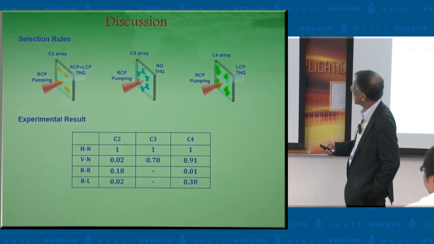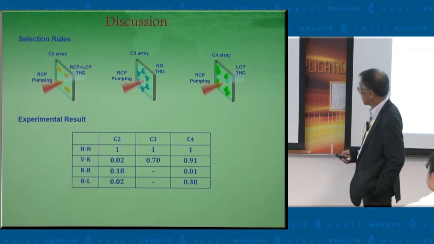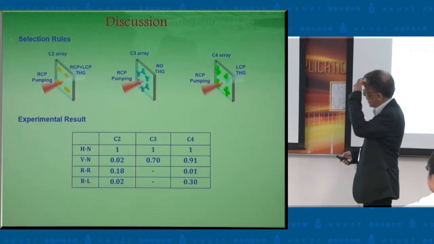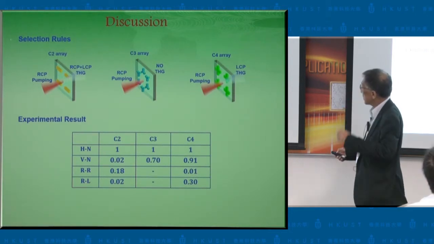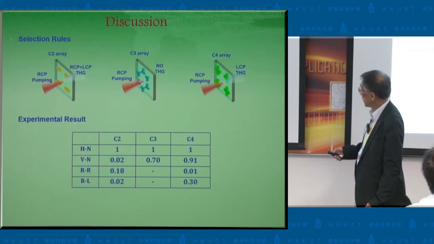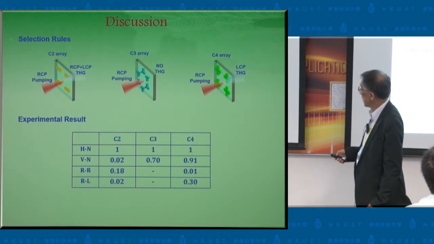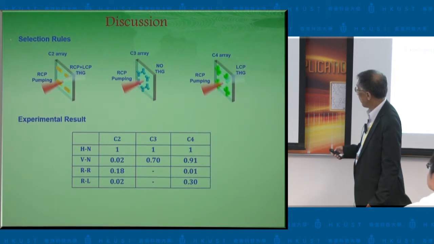Here, you can see pictorially the transmitted intensity. N stands for no polarizer. So, plate on the other side. You can see the horizontal gives you the total pass-through, and much better is the C4, you have a more complete pass-through.